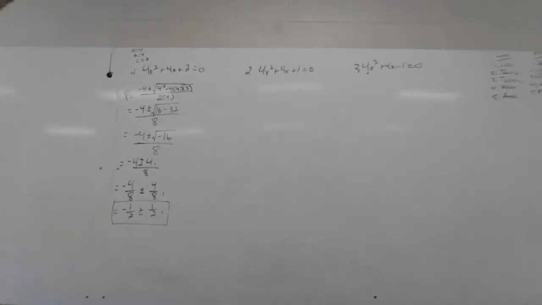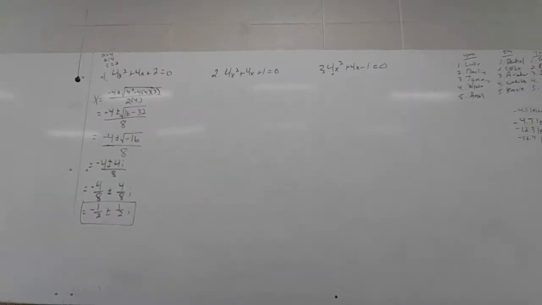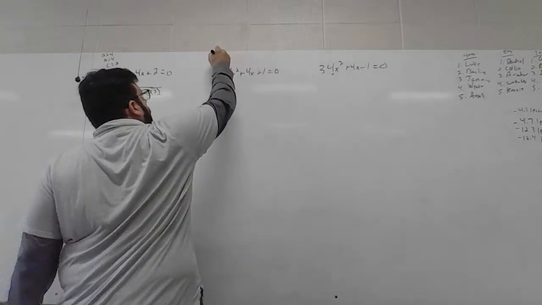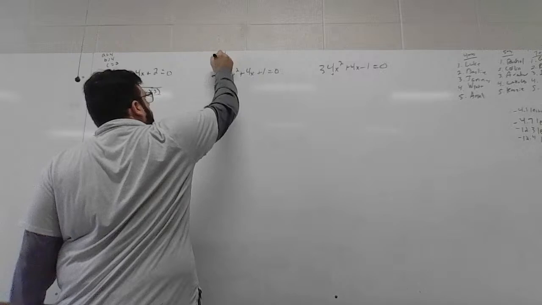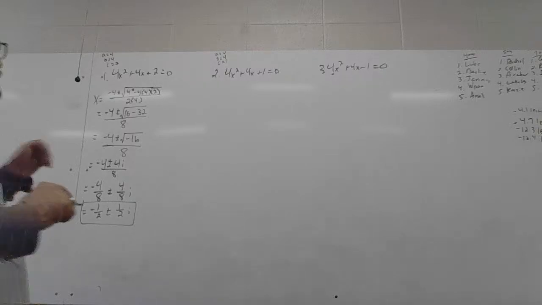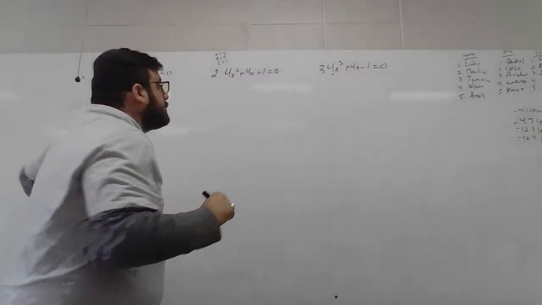Let's go to the next one. Again, pretty much almost the exact same problem. Same A, same B, but this time my C is 1. Let's see what happens when I use the quadratic formula to solve this one.